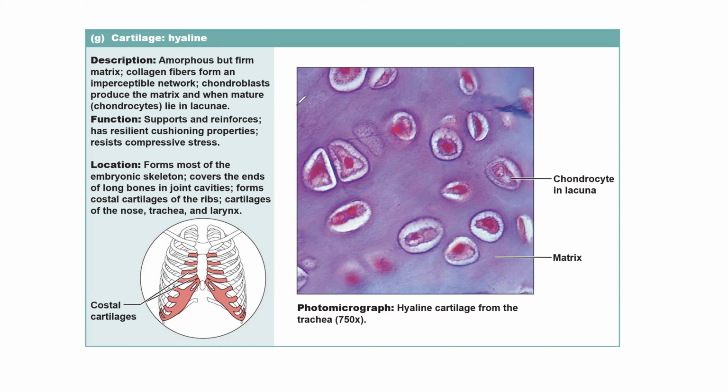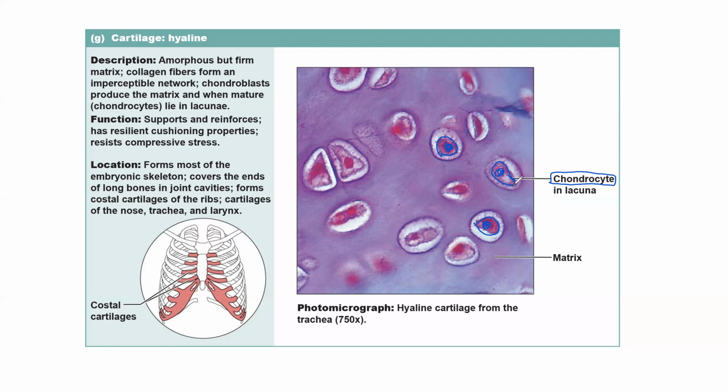Now let's look at the histology slide. You can see we have cells. So here's a cell, and here's another cell, and you can even see the nucleus of a cell here and over there. Here's another cell. Those cells are called chondrocytes.